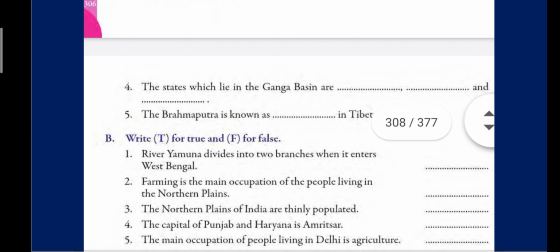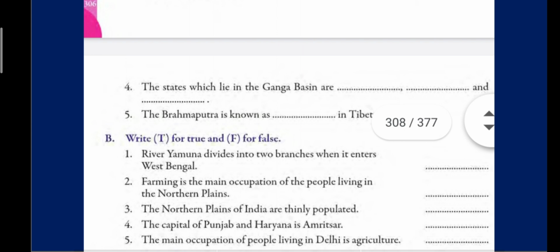The answer is true. Number 3, the northern plains of India are thinly populated. The answer will be false.